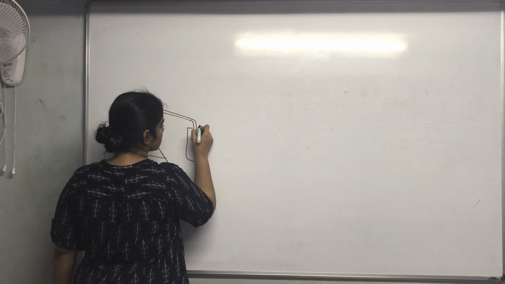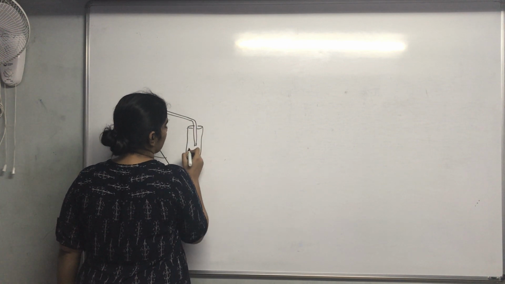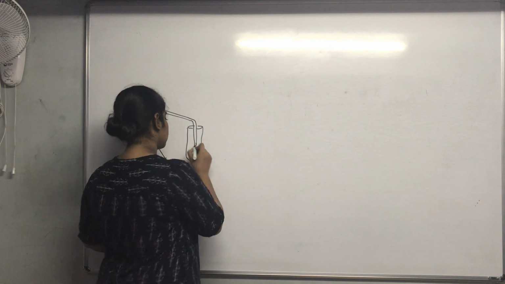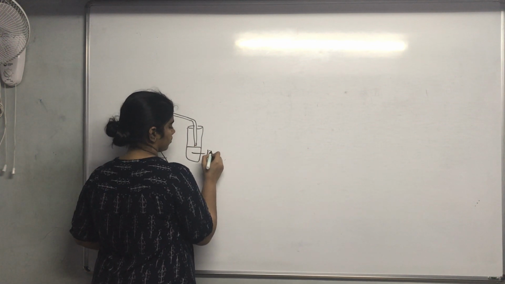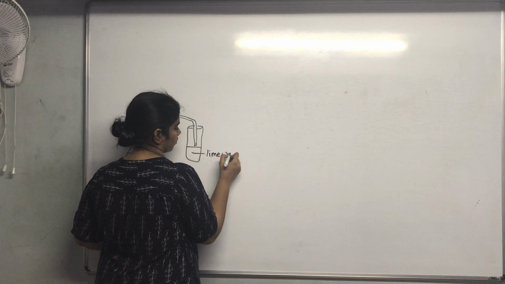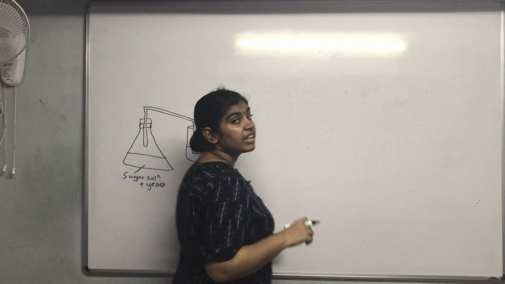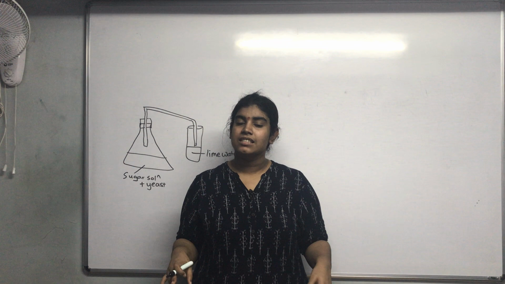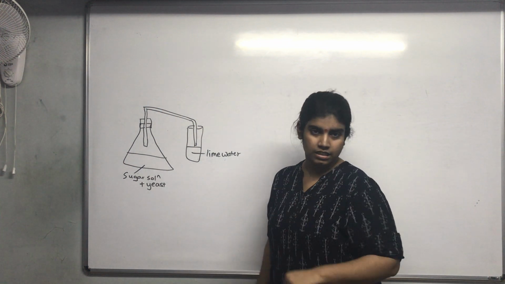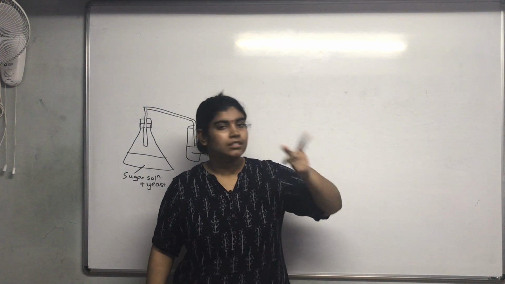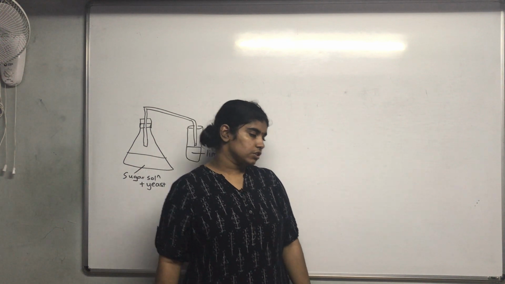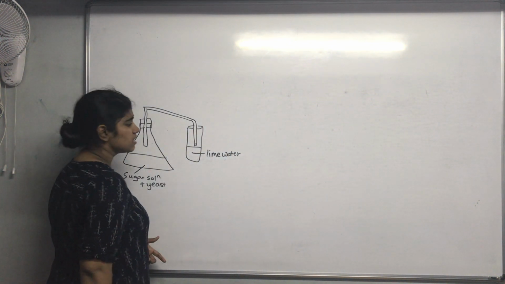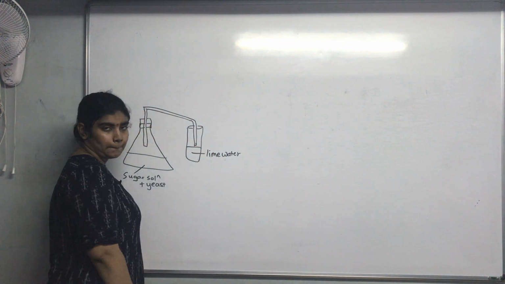In this test tube you need to take lime water. We all know when carbon dioxide is released, the lime water turns milky. We saw that in activity 1 as well. So after a few moments, the lime water will turn milky.